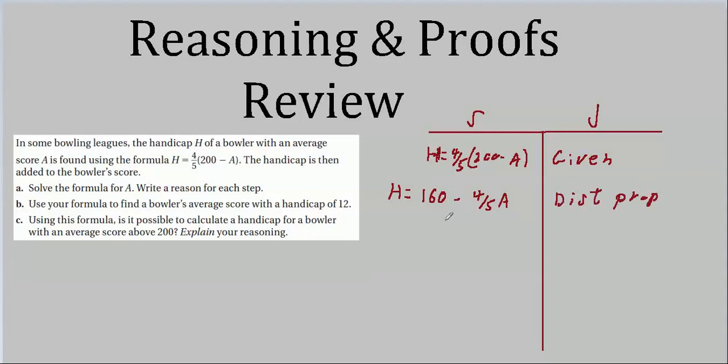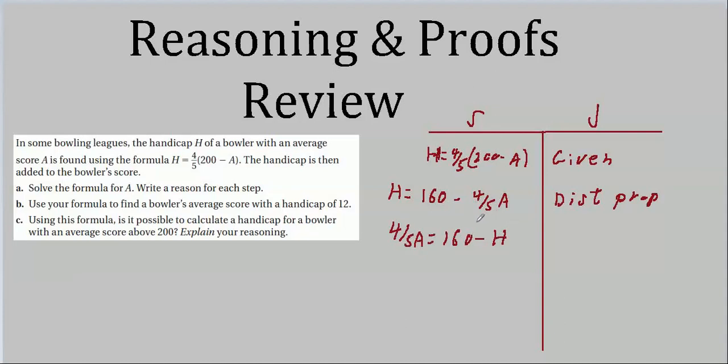Now, do a little rearranging. What do you say we just add 4/5 a to both sides and subtract h from each side? Which will give us 4/5 a equals 160 minus h.